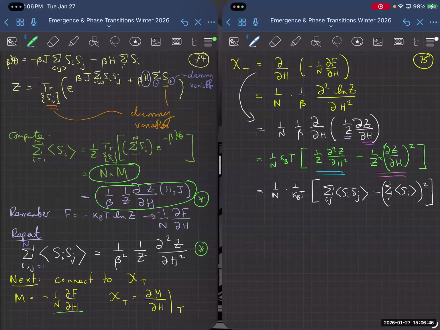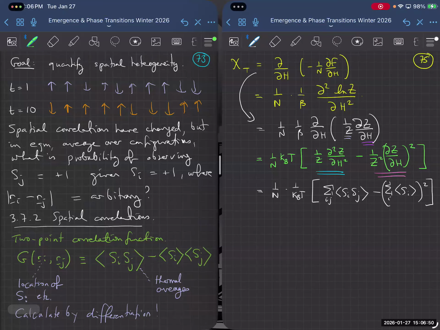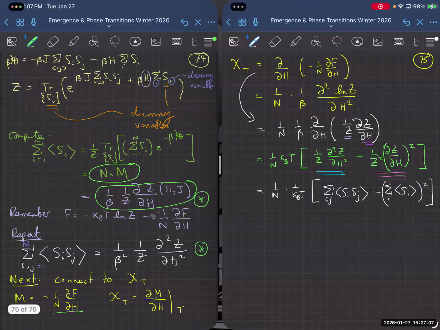And this thing is the thing that a few minutes ago I defined for you to be called the correlation function. Now, I haven't told you what the correlation function really measures. We haven't talked about giving you a physical intuition about it. I've just defined it and shown you that it is related to the susceptibility.